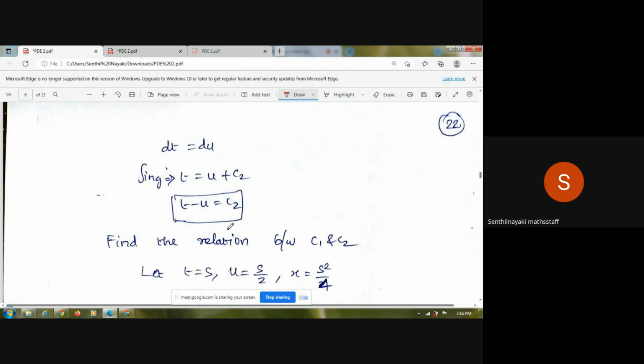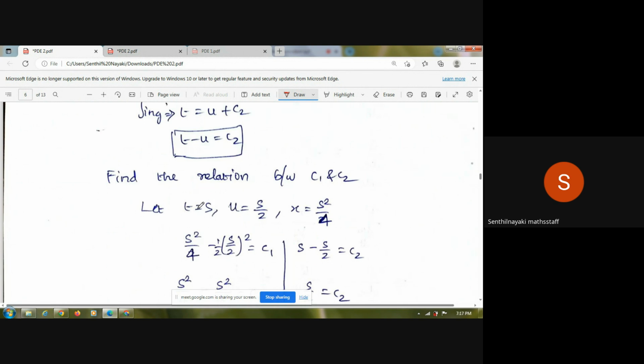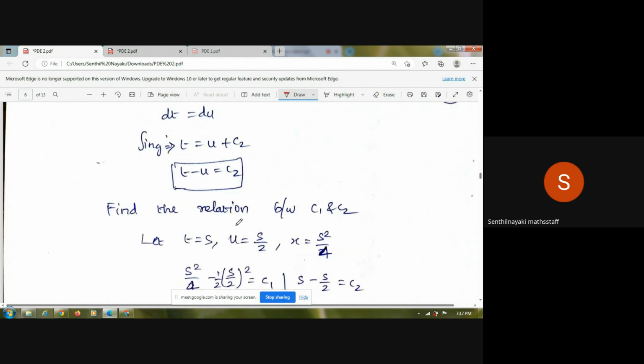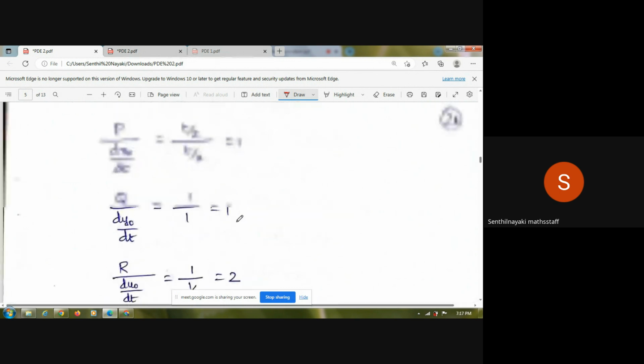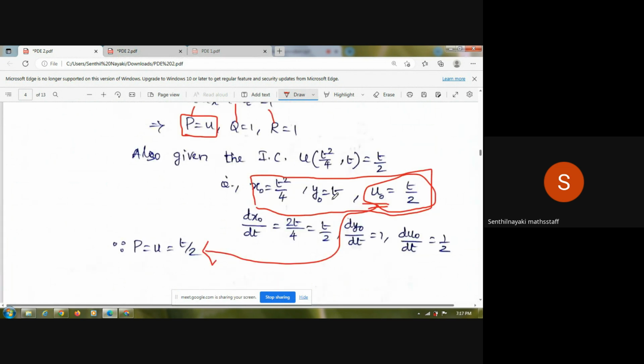Now we have to find out the relation between c1 and c2. So let us consider t equal to s and u equal to s by 2, x equal to s square by 4, because in this relation, if we substitute, listen here, let us consider t equal to s, then what about the x naught value? s square by 4. u naught value s by 2.